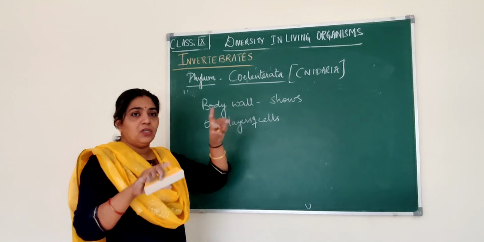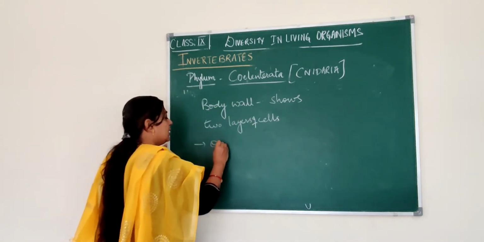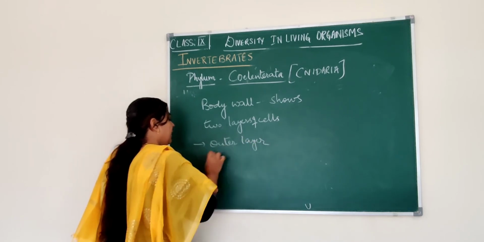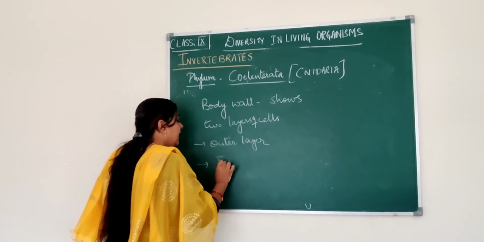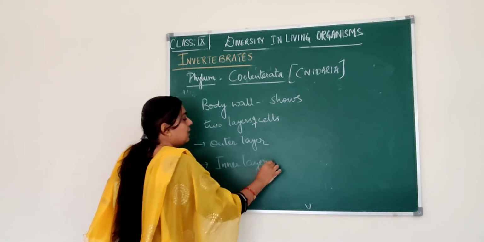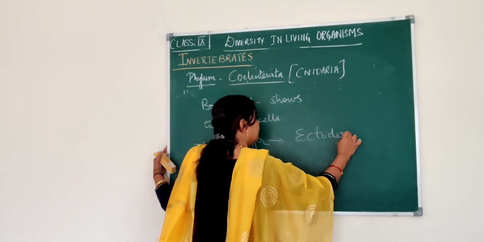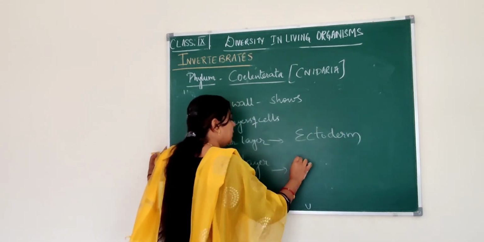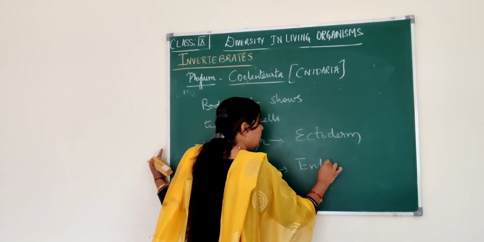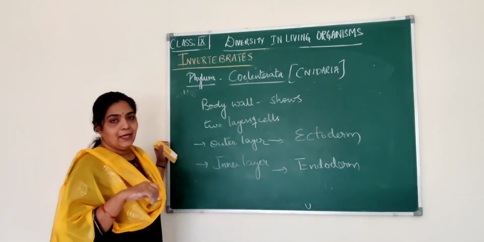So the body wall shows 2 layers of cells, one forming the outer layer, the other one forming the inner layer. The outer layer is called ectoderm. Inner layer is called endoderm.